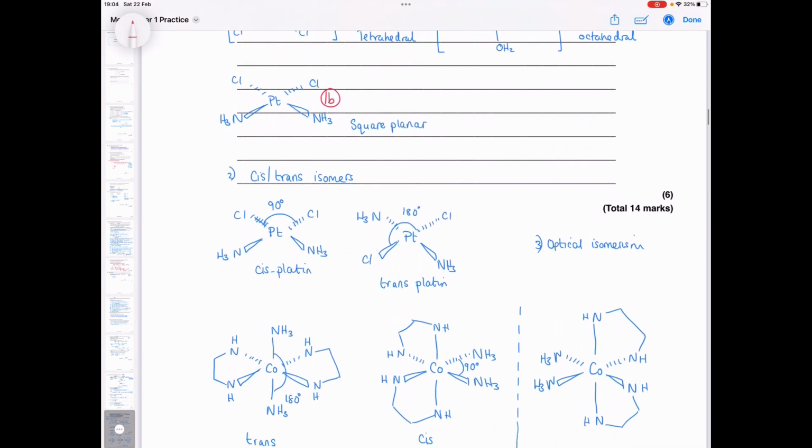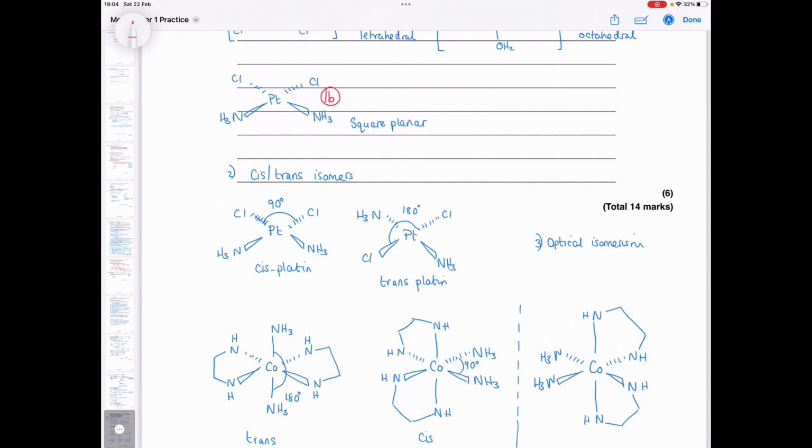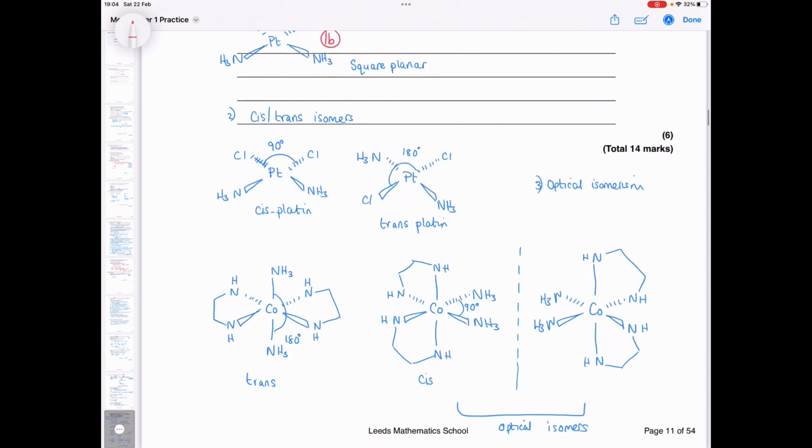Stage 2 wanted cis or trans isomerism. So 2A wanted cis-trans isomerism in either square planar and or octahedral. So we've got cis and trans in square planar, so that's 2A in square planar, and we've got it in octahedral. And 2B diagrams showing cis and trans isomerism in a square planar complex.